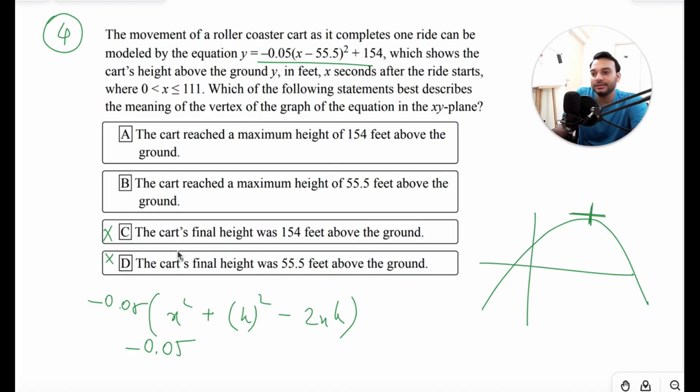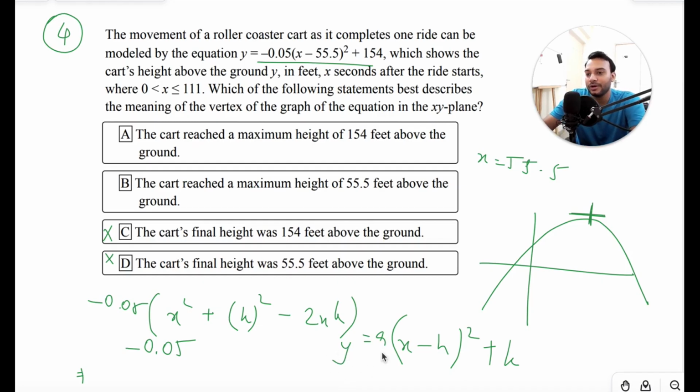These are not the final heights. The vertex is representing the maximum height. Between A and B, we need to finalize the number. Okay. So maximum height when I place x at the vertex. So x is equal to 55.5, since the form written is (x minus h) whole squared plus k. This is our vertex form for the quadratic equation.